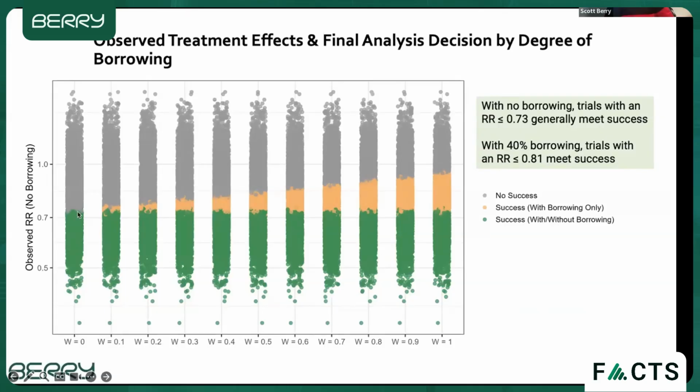With no borrowing, would it be successful in that trial? Typical 0.025 trial. If we do 0.1 borrowing of the other data, these trials turn successful, and if you pool the data, these then turn successful.